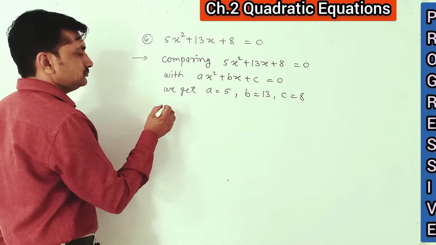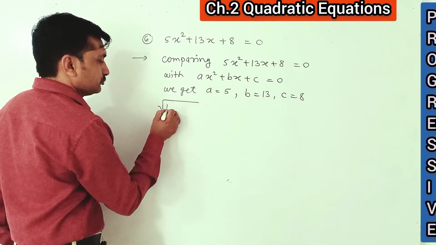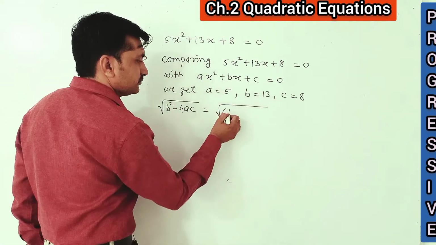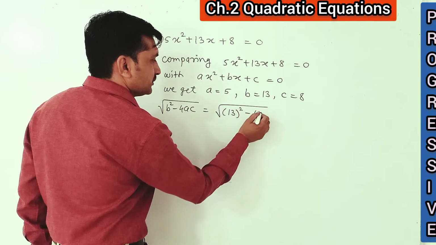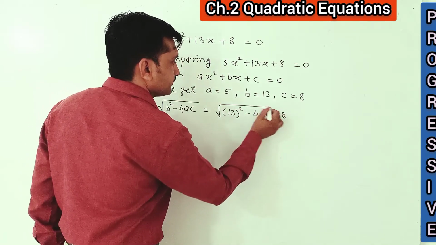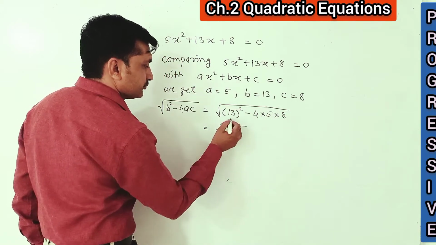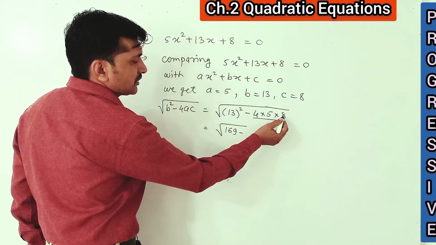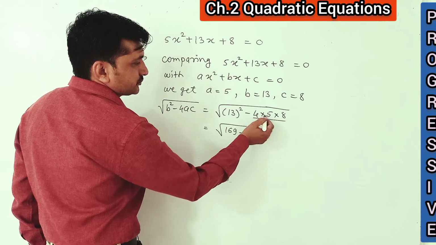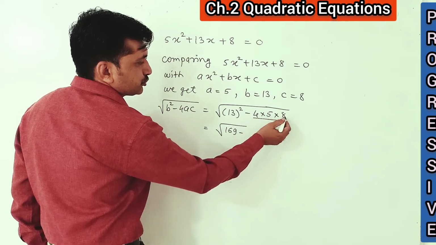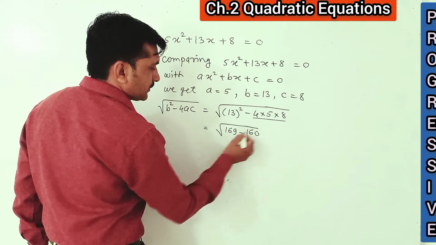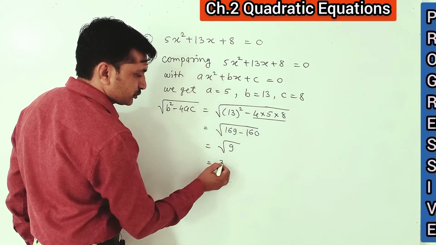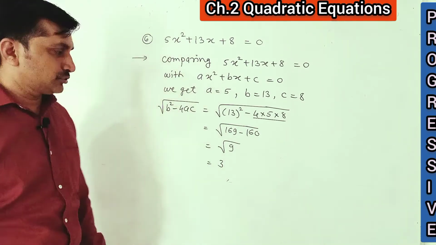Now root b square minus 4ac is equal to square root of 13 square minus 4 multiplied by 5 multiplied by 8, is equal to square root of 169 minus, now here product, 4 5s are 20, 20 into 8 is 160, is equal to square root of 169 minus 160, and it is perfect square, value is 3.